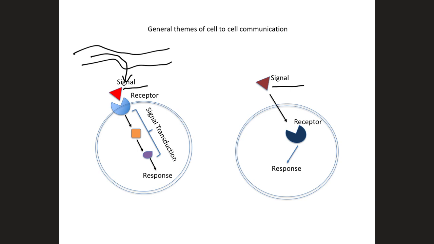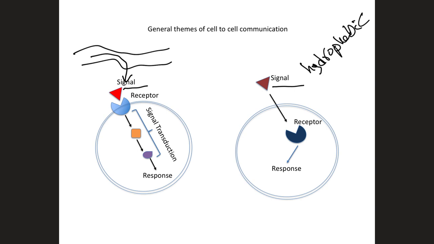Or you could have signals that are non-soluble, so these would be hydrophobic, like steroid hormones. They usually would be bound by a particular carrier protein. This protein allows the signal to be carried in the bloodstream, because the bloodstream is water-based, and then carries the signal to the target organ, and then the signal does its thing.